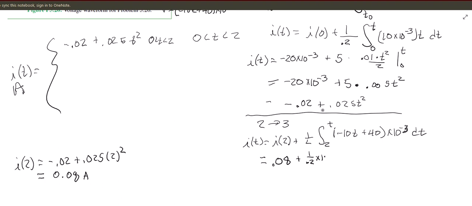and I'll take the 10 to the minus 3 out, and then inside here I get minus 5t squared plus 40t, and this is from 2 to t. So this is 0.08 plus, and then 1 over 0.2 times 10 to the negative 3, I believe, is 0.005.